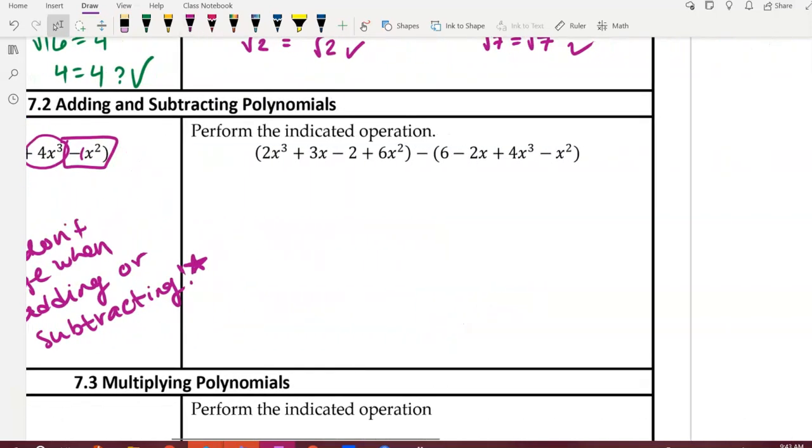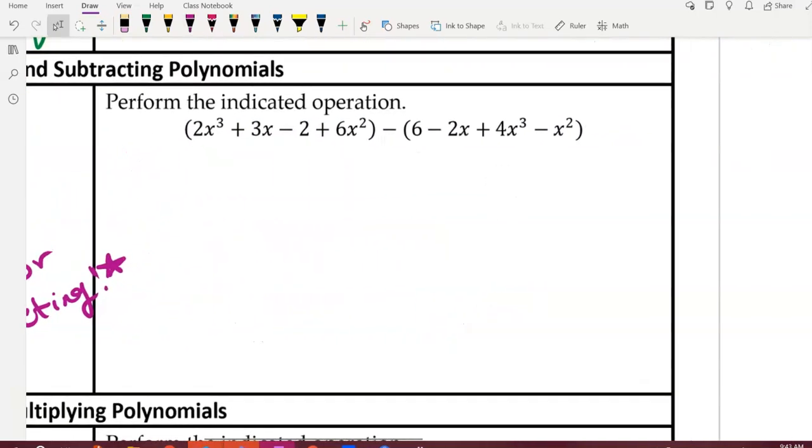All right, now the second one, we are subtracting. Anytime we subtract, we want to change it to a positive and change the signs of everything in that second set of parentheses. So we're almost like distributing a negative 1. We're multiplying negative 1 to all the terms in that second set of parentheses. So we change the signs. We can even do it this way.